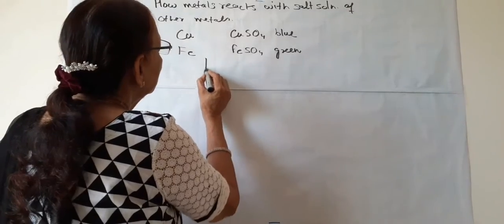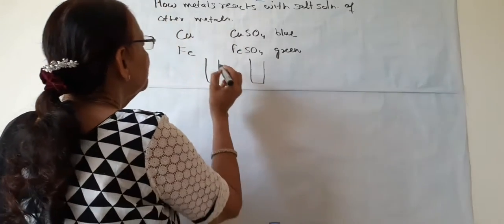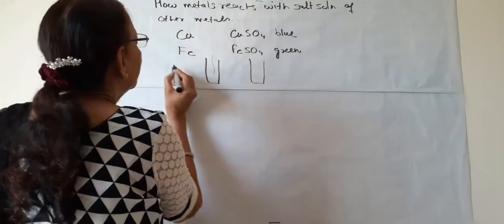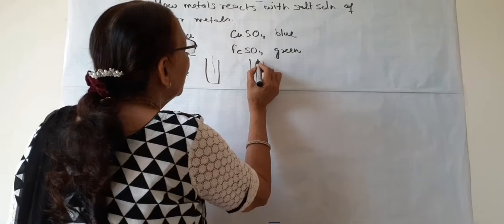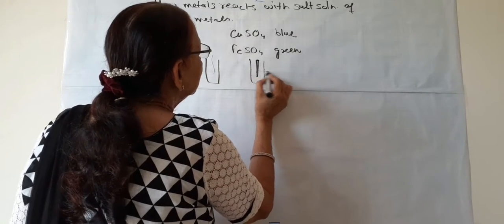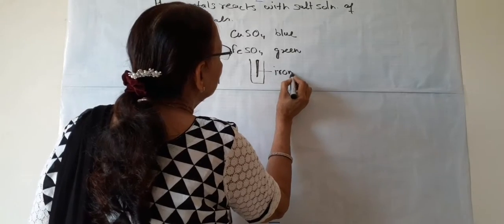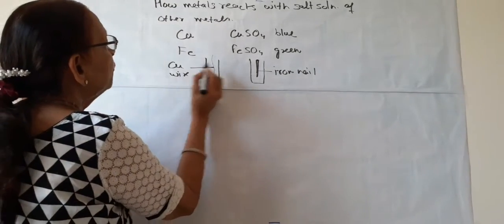We take two beakers or test tubes, and put this copper wire in one and an iron nail in the other. This is the iron nail and this is the copper wire.